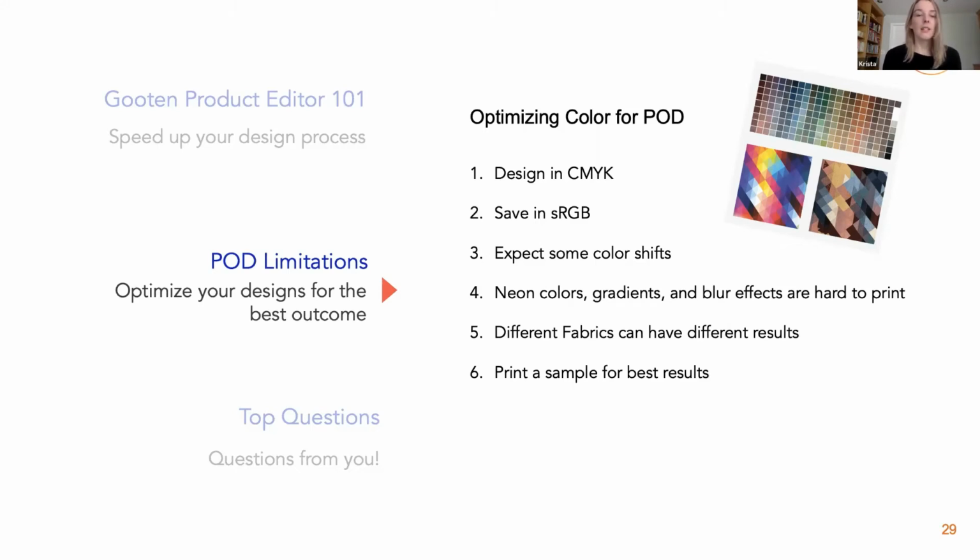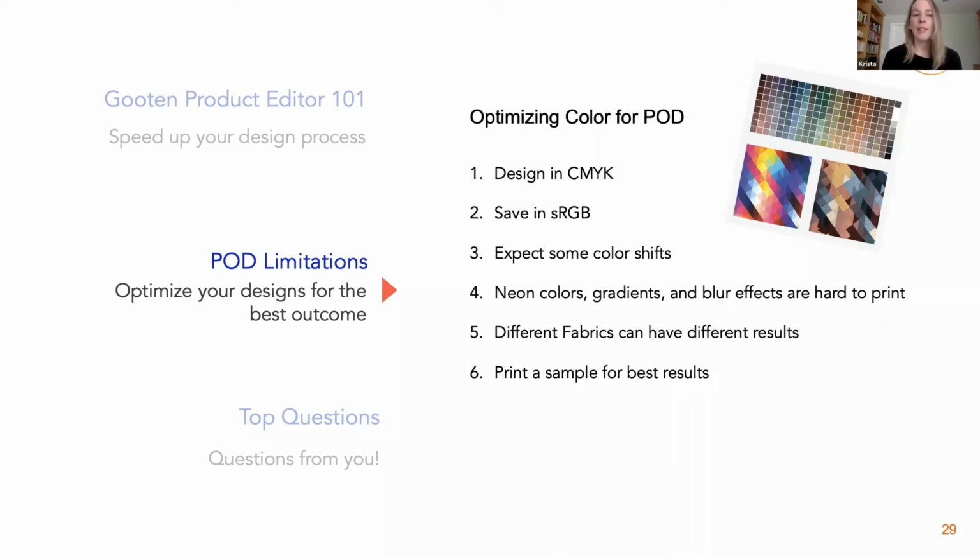So some best practices for setting up your artwork is to design your product in CMYK. If you're using Photoshop, this will definitely be super easy. You just switch to CMYK color space, and then once you save it out, especially if you're utilizing PNG, it will save to sRGB automatically, but if you're saving as a JPEG, just save it as RGB.